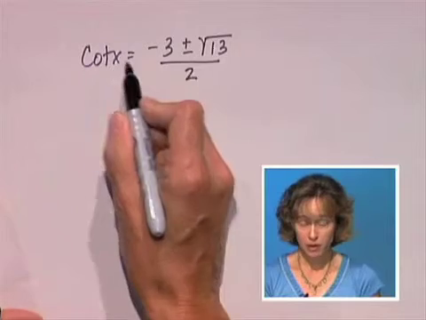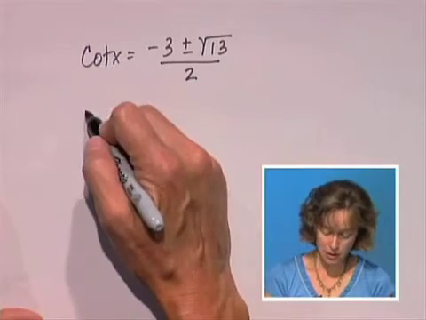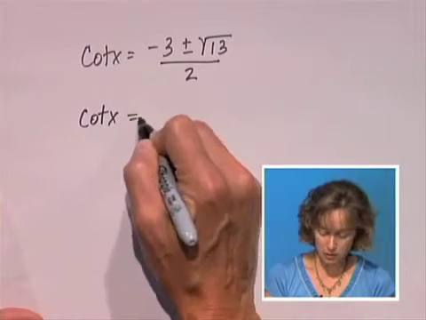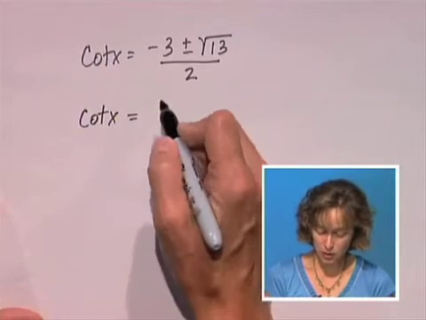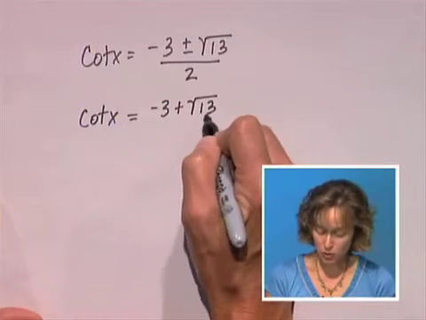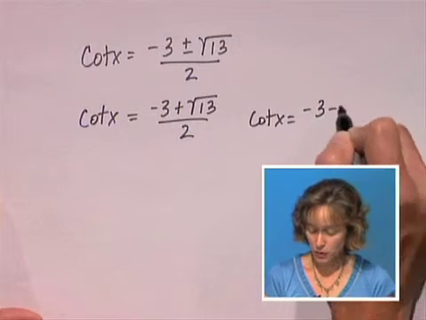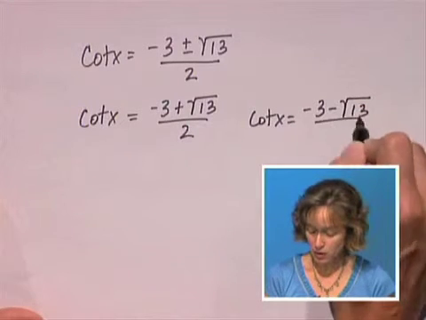Since I'm looking for x, at this point I would break it into 2 pieces and get decimals. What I mean is, with my calculator, find cotangent x equals negative 3 plus the square root of 13 over 2, and negative 3 minus the square root of 13 over 2.